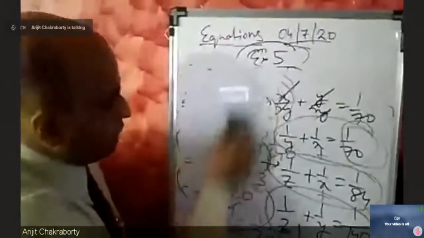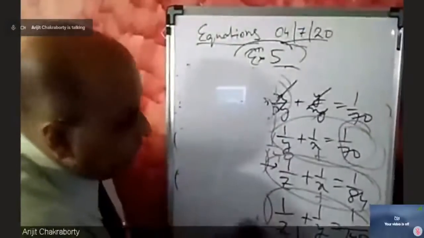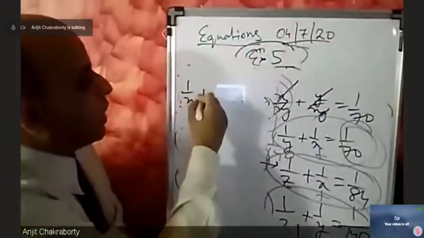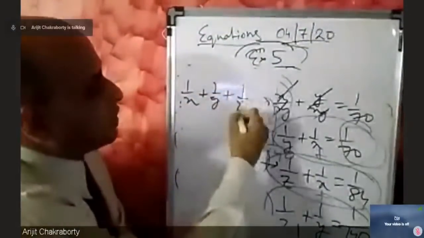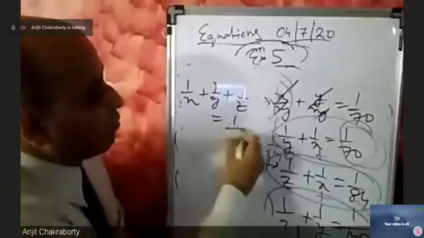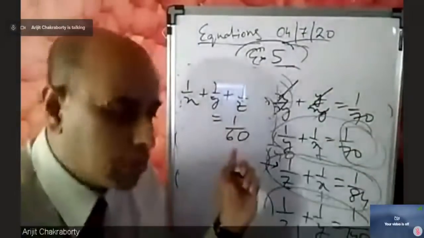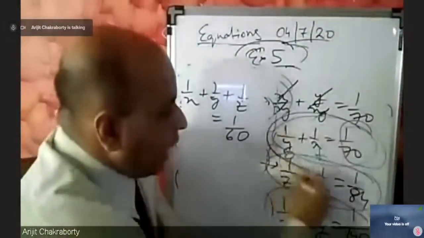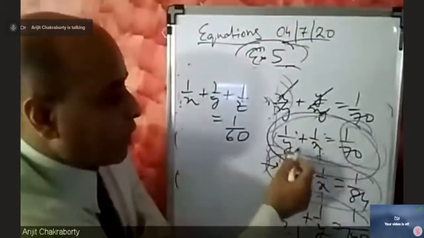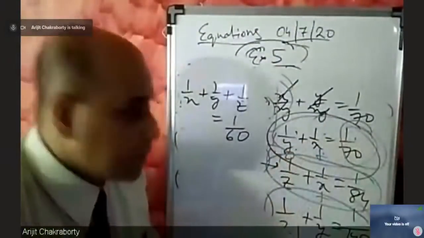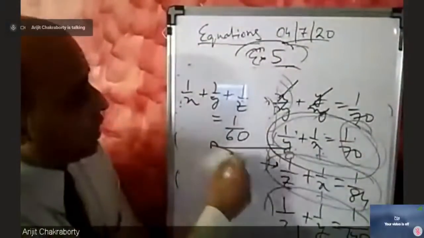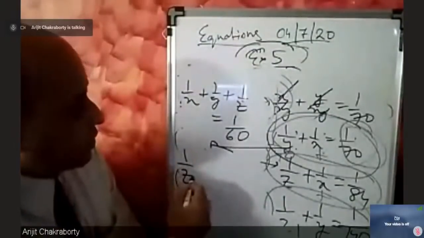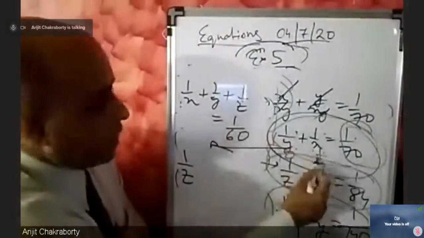That means 1 by x plus 1 by y plus 1 by z is equal to 1 by 60. This is a new equation we got. But please see, already we had 1 by x plus 1 by y is 1 by 70. So if you put this here, you can easily find out 1 by z.